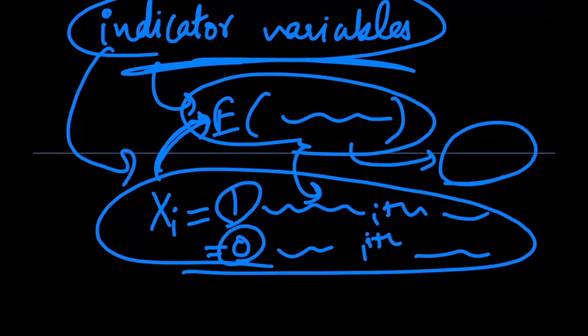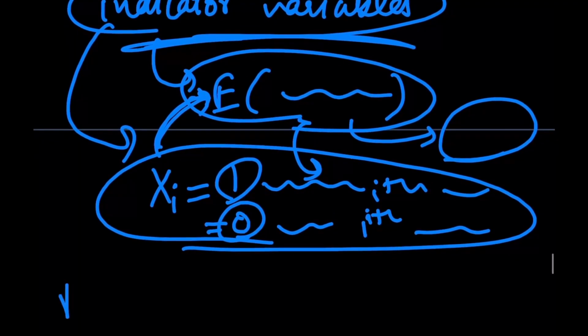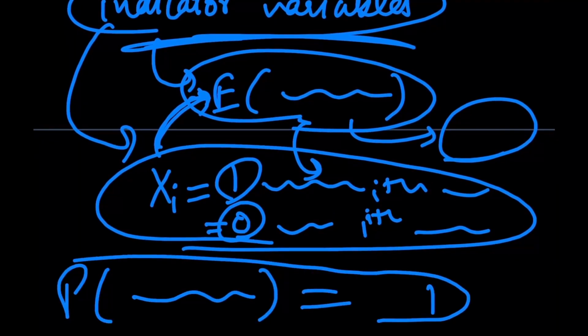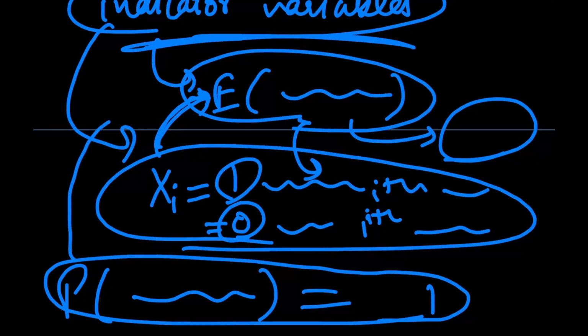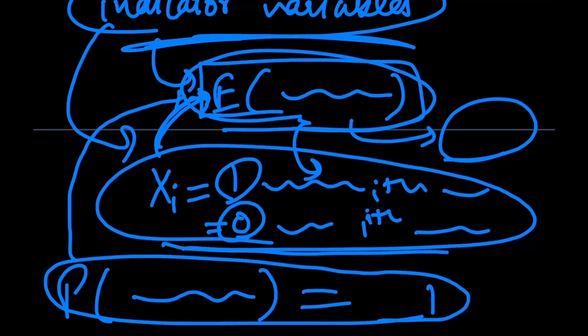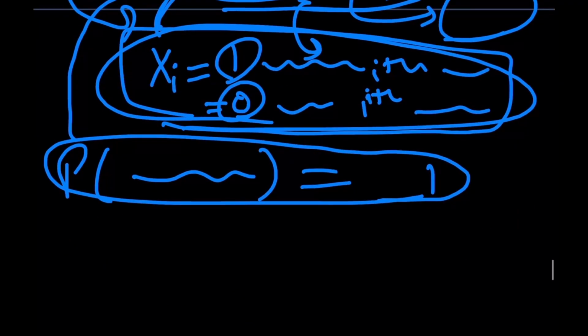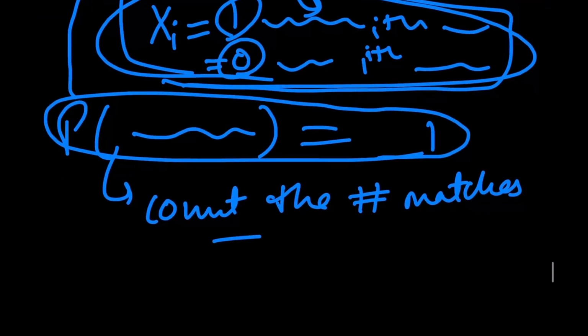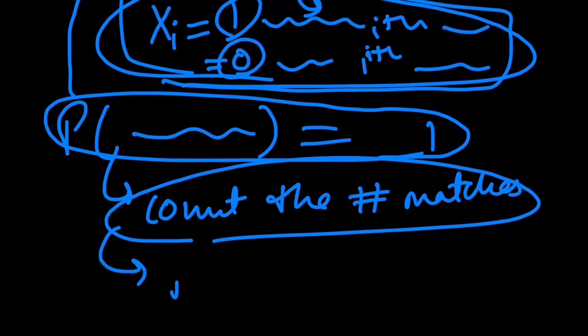Now, what I've tried to do in this solution is to first of all give you the idea of the underlying probability. That was pretty simple, and how that probability is connected to the eventual value that we need is how we come up with these xi variables. So what we've done is first focus on the underlying property, right? Over here the property was to count the number of matches, and this underlying property relates to the expected value we need to calculate, right?